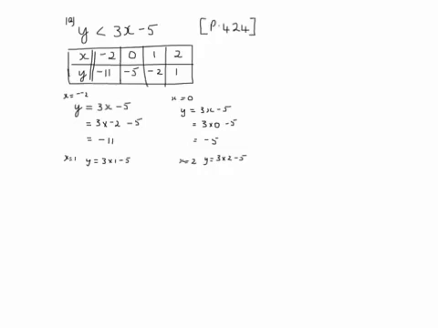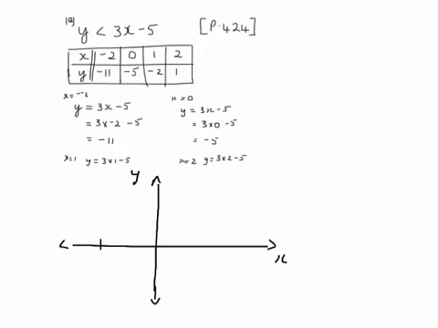Okay, I've just made those a bit smaller so that I can fit my graph in. So I'm going to graph. I need to draw my axes in, my x and my y. So I'm going to go -2, -1, 0, 1, 2.